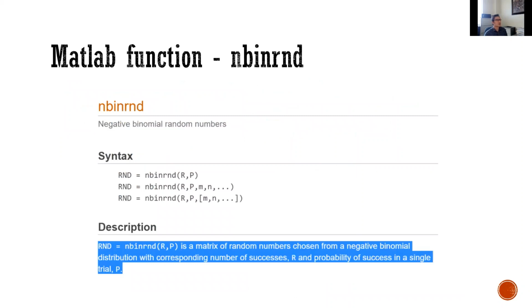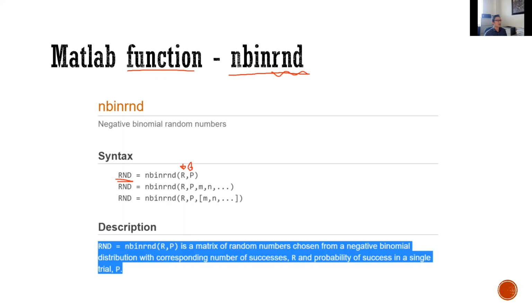So I borrowed the documentation of the MATLAB function for the negative binomial random number generator. This function will generate a random number following the negative binomial distribution. See, it requires two parameters, R and P, to give the random number.